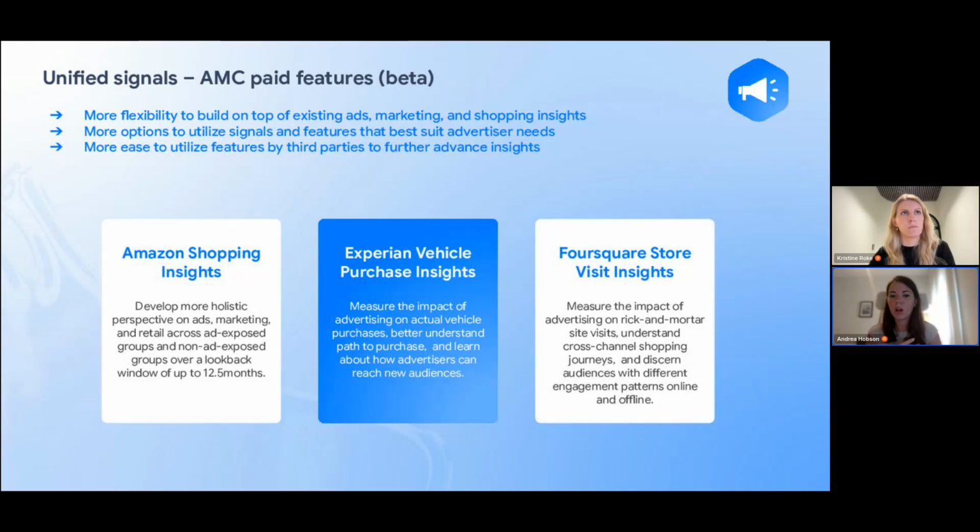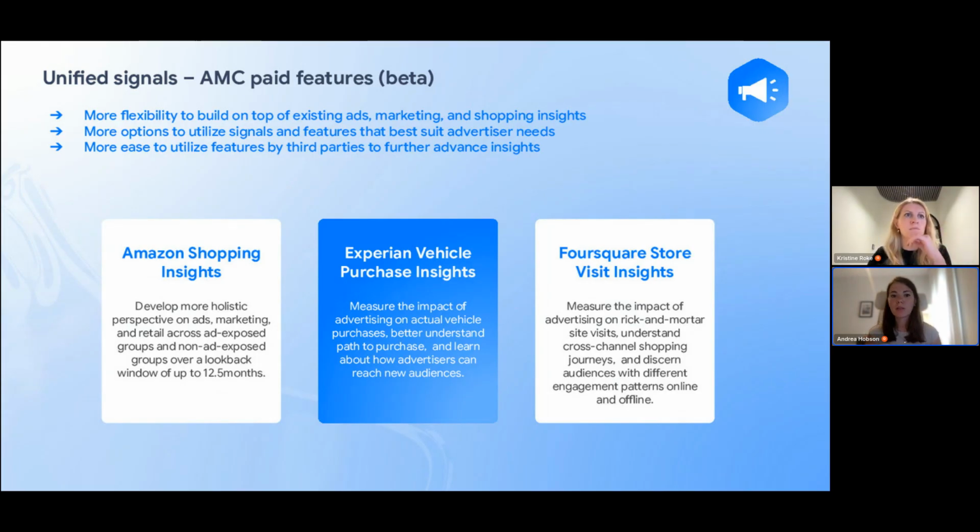So for example, a consumer electronics brand can measure how streaming TV campaigns influence shopping behavior over time, whether ad exposed customers browse product detail pages more and add items to the cart or purchase faster than those non-exposed groups. So these are the type of insights that you can gain with Amazon Shopping Insights.